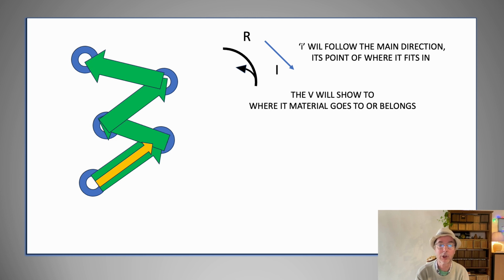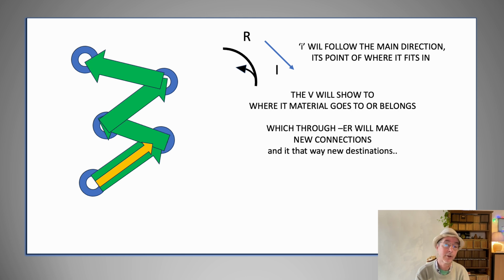The V will show where its material will go to, or where it belongs, which through R at the end will make, of course, new connections, and will connect these new connections, and all the destinations that are changing, it will adapt again and again and again.